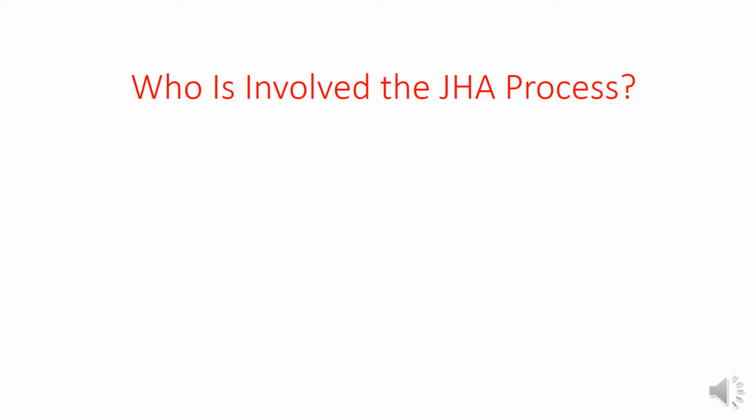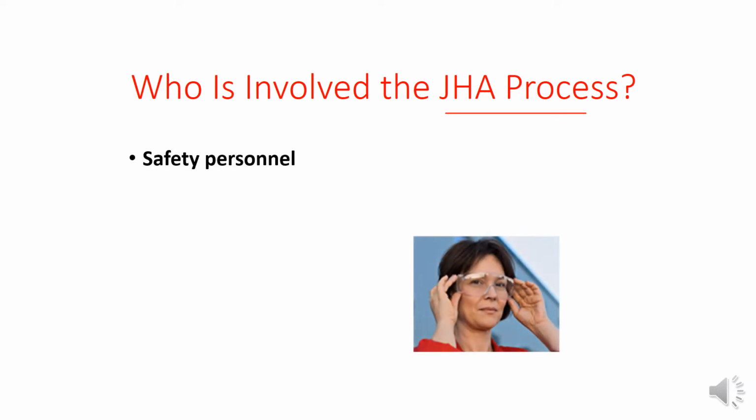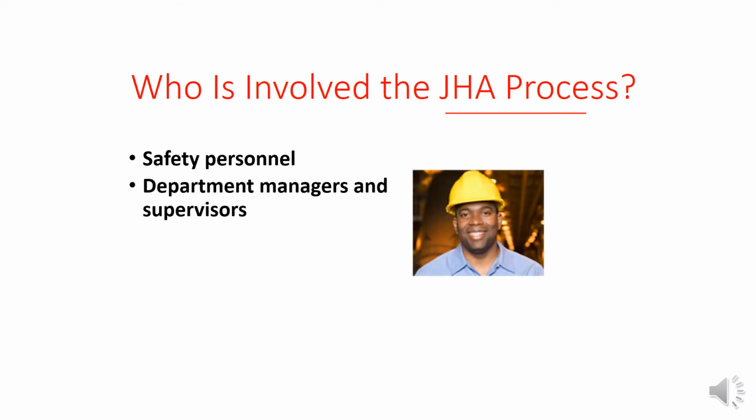So, who is involved in designing the job hazard analysis process or job safety analysis, the way you want to name it? First and foremost, the safety personnel. Look at the photograph. These are safety goggles this wonderful lady is wearing. We are talking about the departmental manager, the supervisor, the people at the higher echelon in the organization.